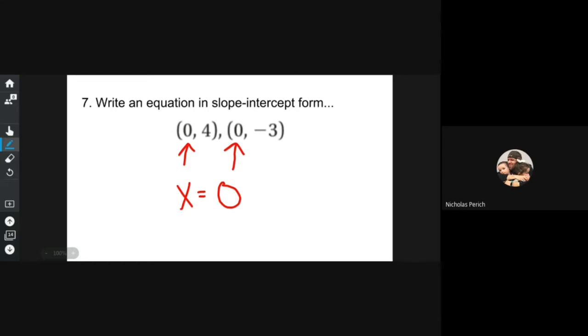Just like in the previous problem, both of my y's were the same, so the answer was y equals that number. It's a shortcut. And now I'm done.